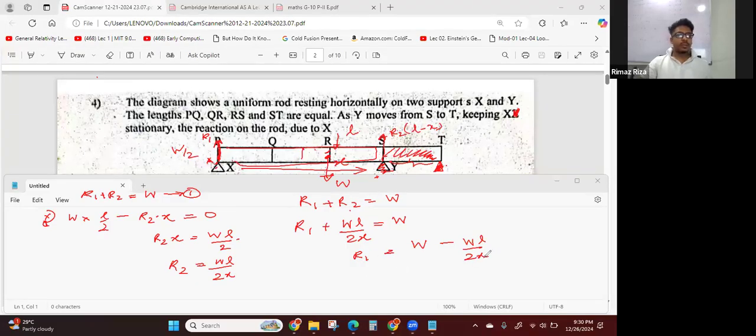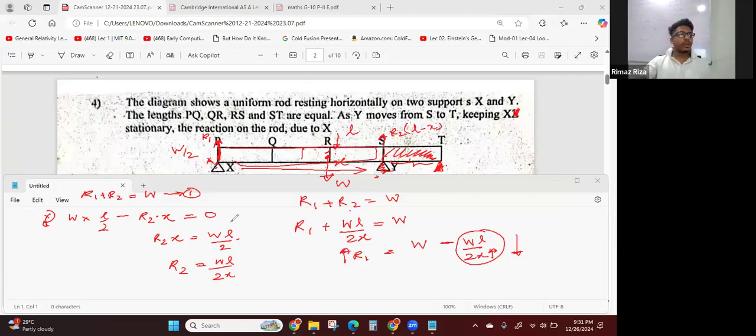So we can see if this term increases, R1 will decrease. What happens if you increase x? If we increase x, this term will decrease. It's a minus, so the reduction is decreasing, which means R1 will increase.